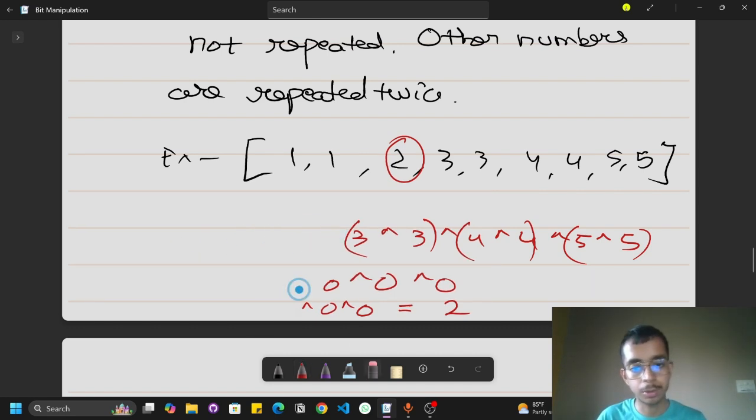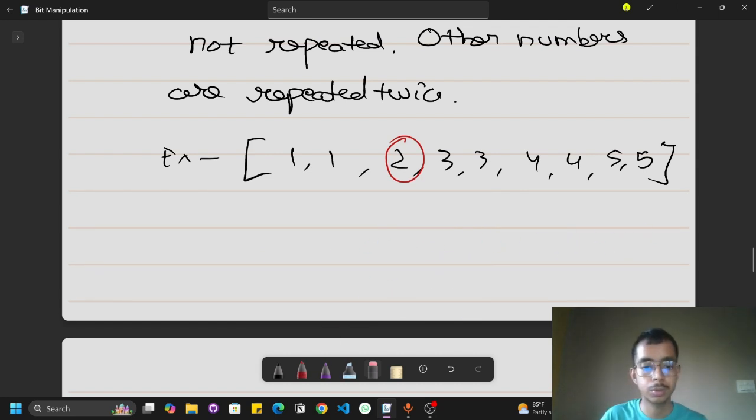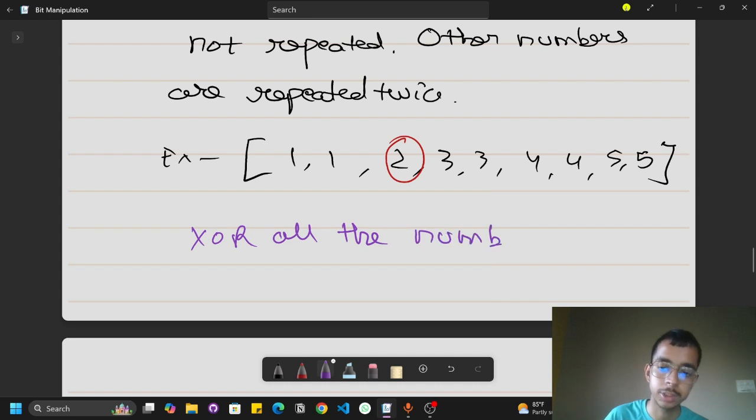Okay, bingo, you got the answer. So the solution is: XOR all the numbers. This is the solution.